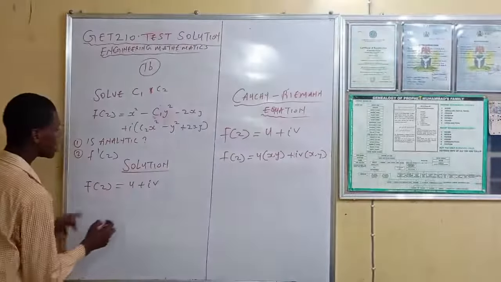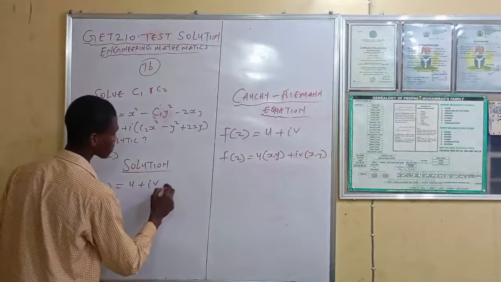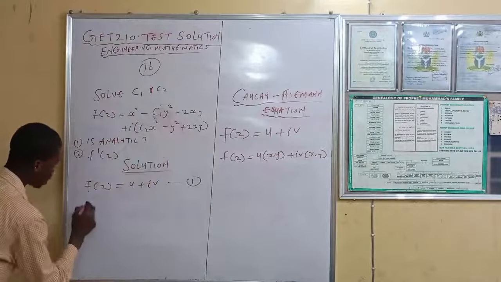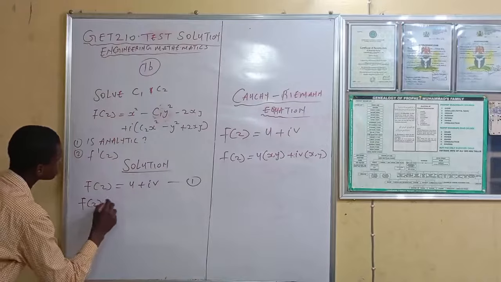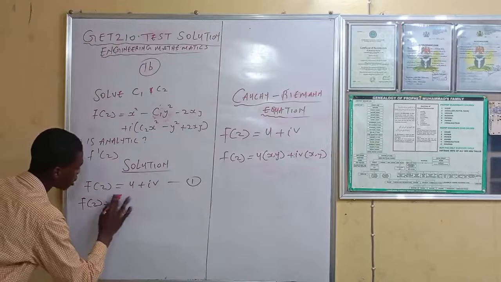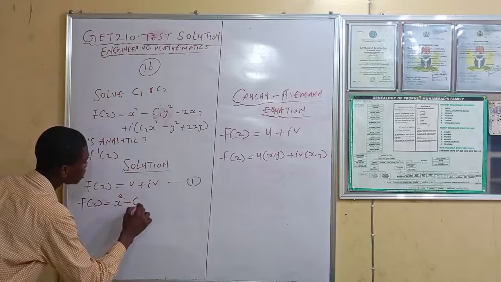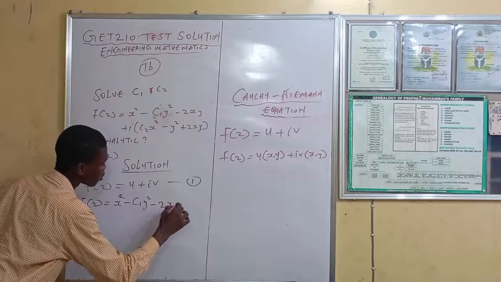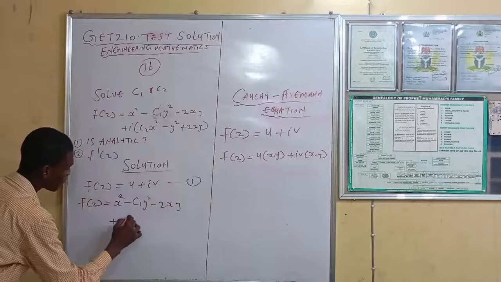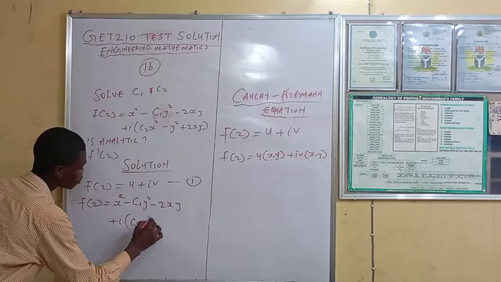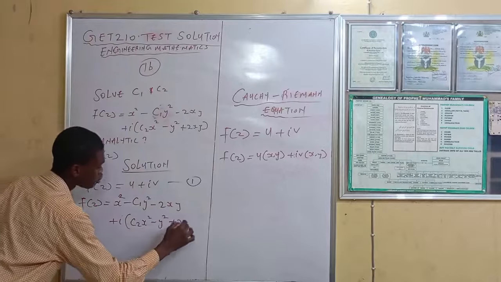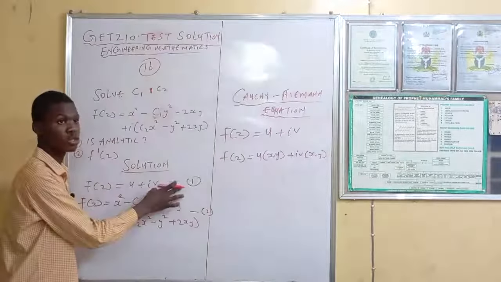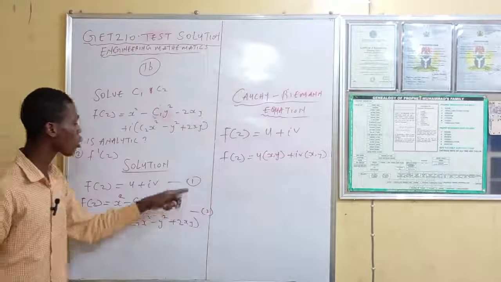From the given equation, I have f of z equals x squared minus c1 y squared minus 2xy plus i open bracket c2 x squared minus y squared plus 2xy. This is from the given question, and this is what I know from the Cauchy-Riemann equation. Now compare 1 and 2.